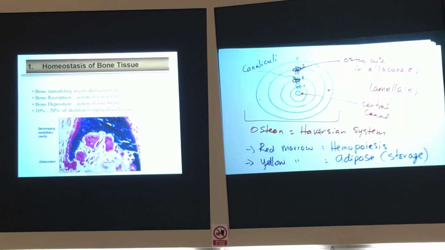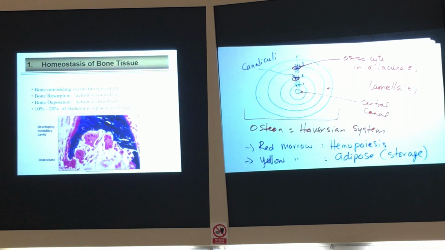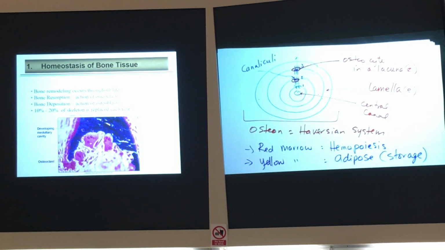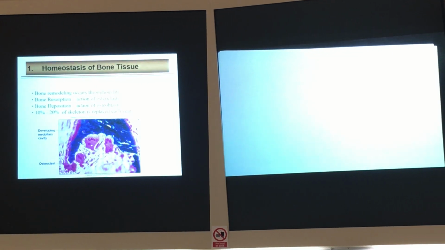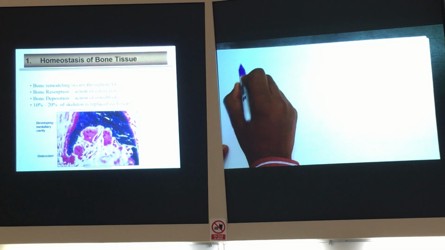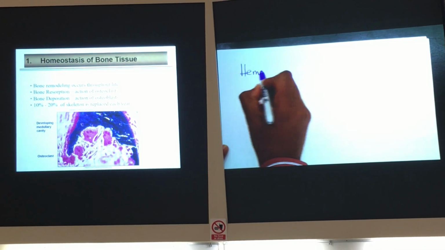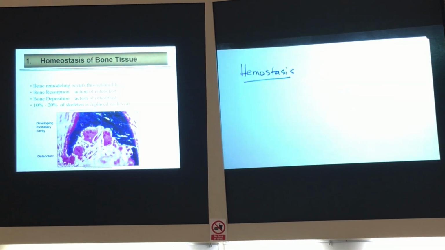So, how does the bone maintain its internal environment, which is homeostasis? You will learn this more in physio, but we have to make a big distinction between hemostasis and homeostasis.